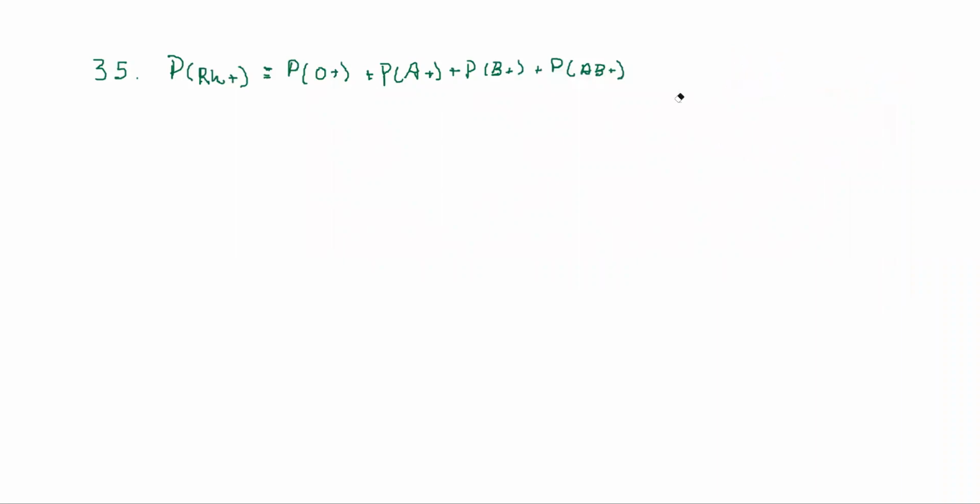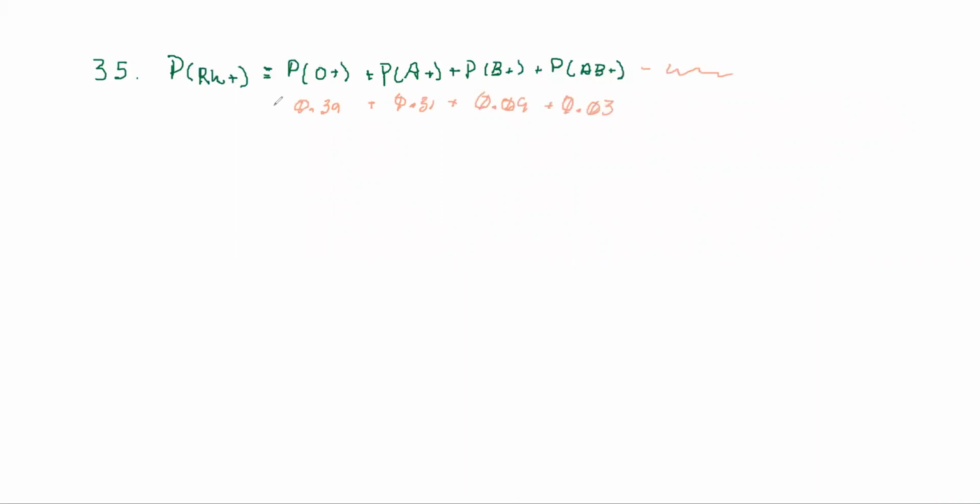You can't be both. So I don't need to worry about subtracting anything because they're mutually exclusive events. I just add everything together: 39%, which is 0.39, plus 0.31, 31%, that it's A positive, B positive is 9%, and AB positive is 3%.